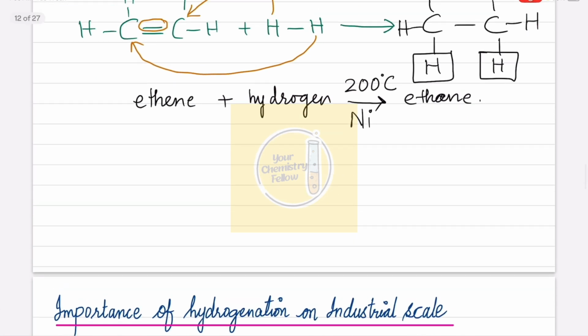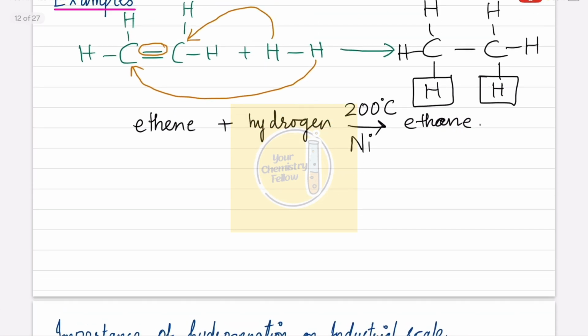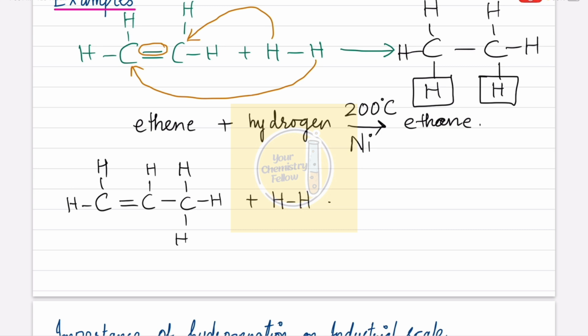Let's do another example. Propene. This is the displayed formula for propene. Now, I am adding hydrogen in it. What happens is that to the doubly bonded carbon atoms, two new hydrogen atoms will be added up and the double bond is opened up. So, it will be written like this.